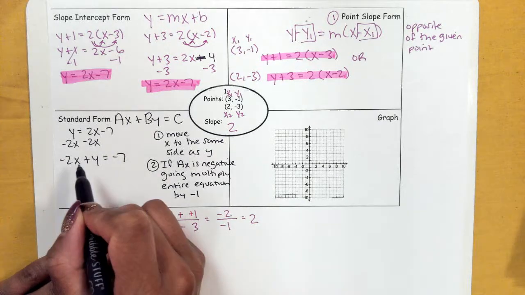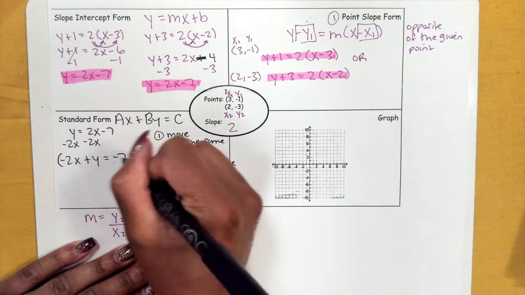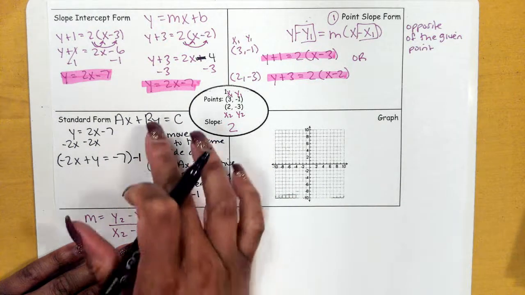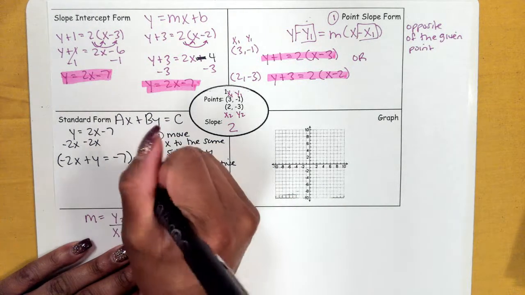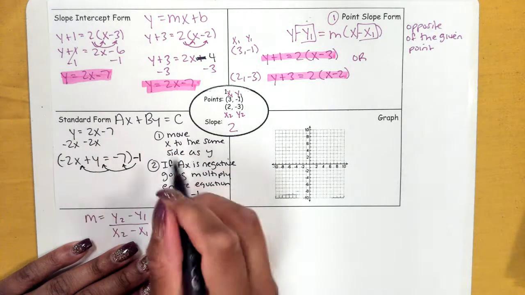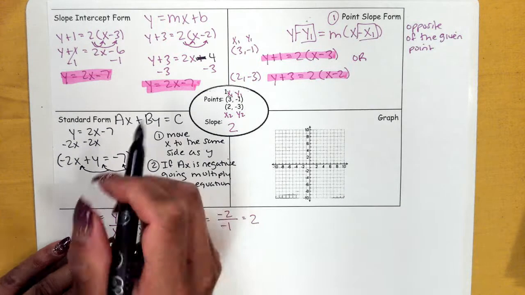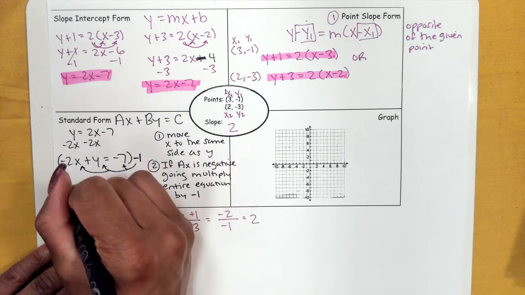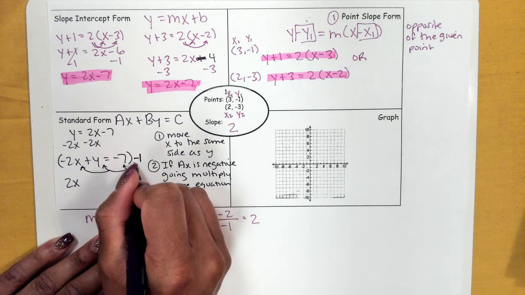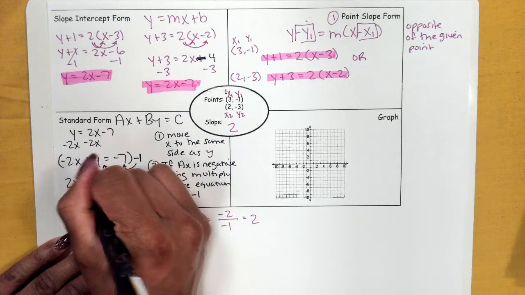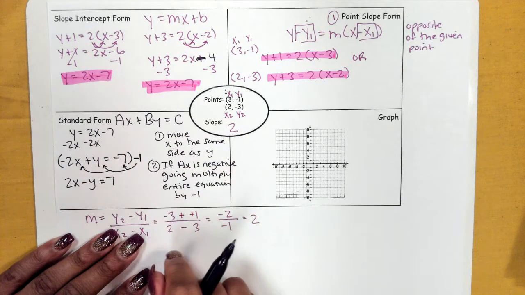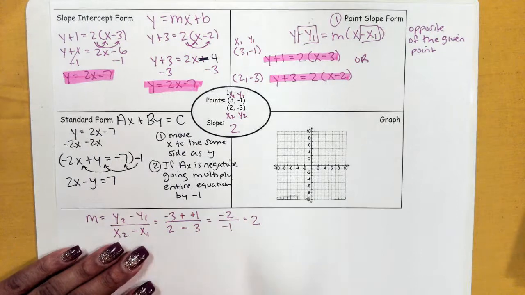Because I have negative 2x, I'm going to take the entire equation and multiply it by negative 1, because I want ax to be positive. So regardless of where I've placed negative 1, I am going to distribute to all parts of this equation. So negative 1 times negative 2x is a positive 2x. Negative 1 times positive y is a negative y. Then negative 1 times negative 7 is a positive 7. And so there completes my standard form.